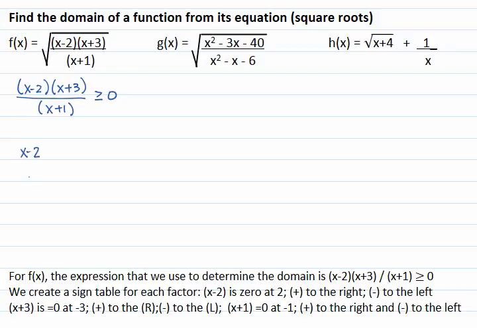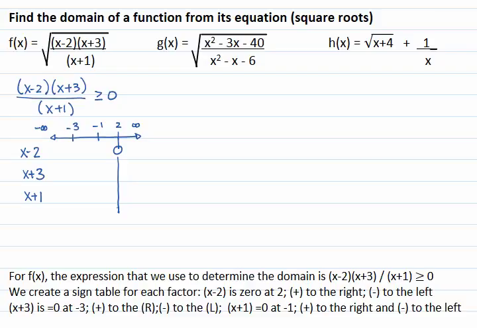The sign table has a row for each one of the factors, the number line from negative infinity to infinity, the zeros of these factors, which are negative 3, negative 1, and 2, and the signs of each factor.